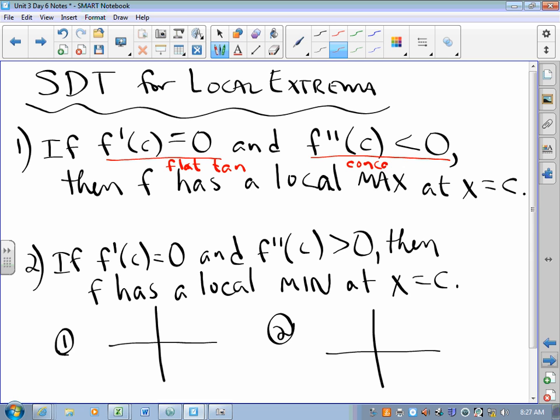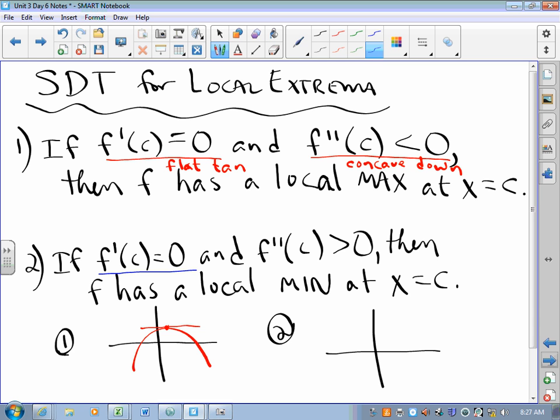Well, it means that we are concave down. So I've got to draw a function that's concave down and has a flat tangent. If I do, we've got a max at that point.